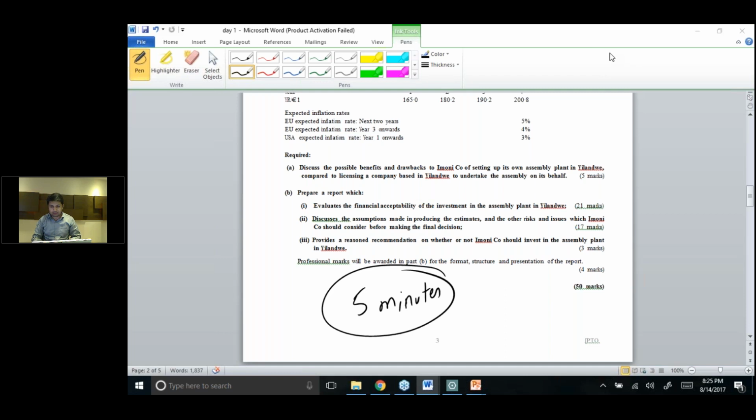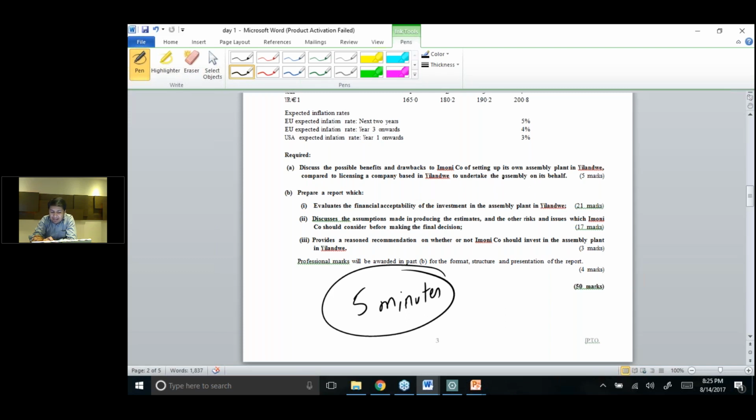Let's have a discussion on this question. What are the requirements here? Requirement one: discuss the possible benefits and drawbacks to Imonico of setting up its own assembly plant in Yelendeep compared to licensing a company based in Yelendeep to undertake the assembly on its behalf.